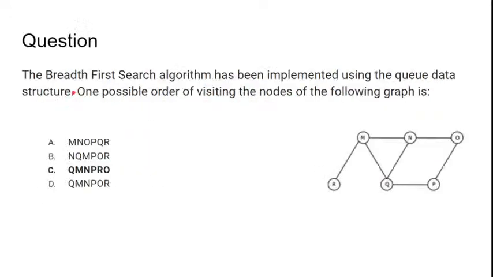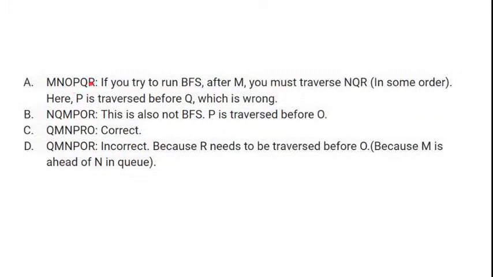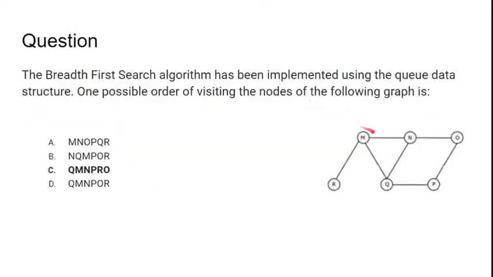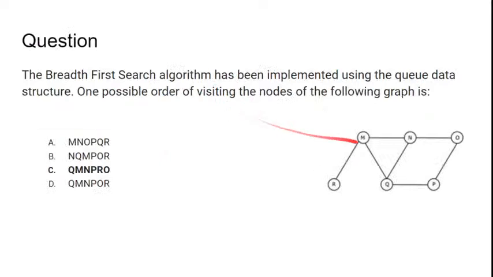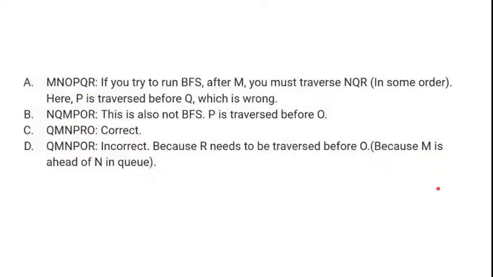The first option is MNOPQR. If you run breadth first search, after M you must traverse N, Q, R in some order. Here P is traversed before Q, which is wrong.